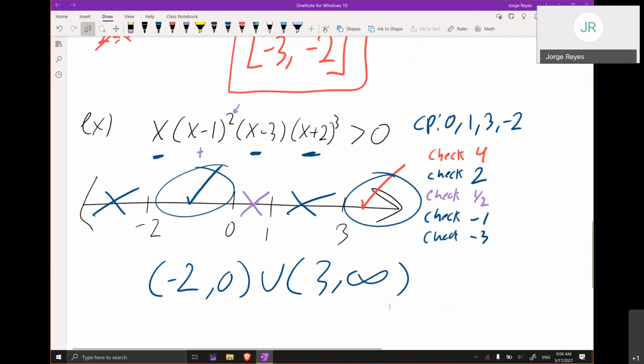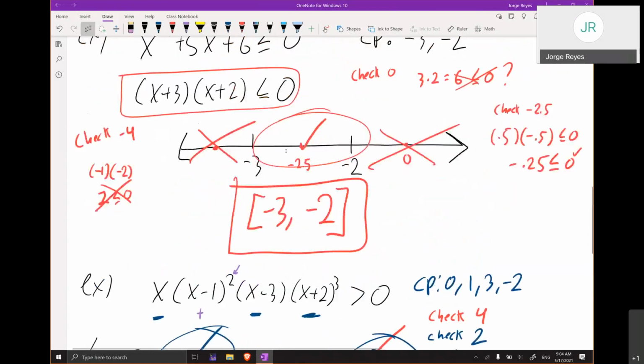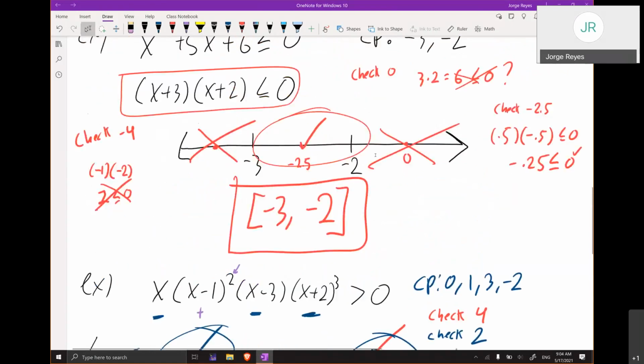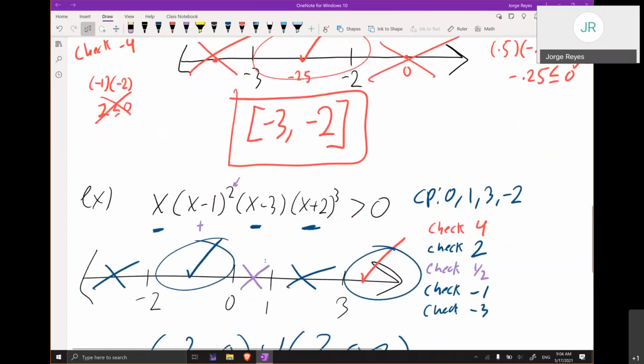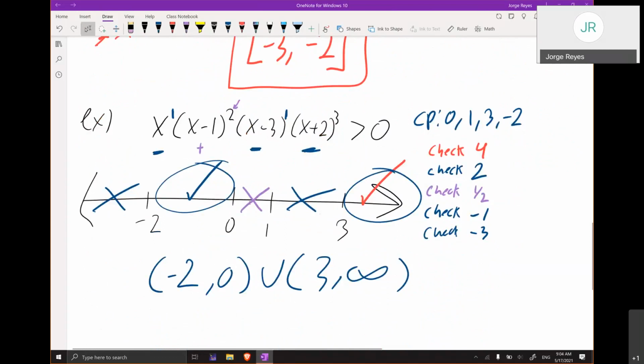All right, and there's technically very fancy things you could do involving multiplicity that we don't really teach you in this class anymore. But if you notice, like, no, yes, no, no, yes, right? There's a pattern. The pattern is if the power is odd, it'll switch signs.